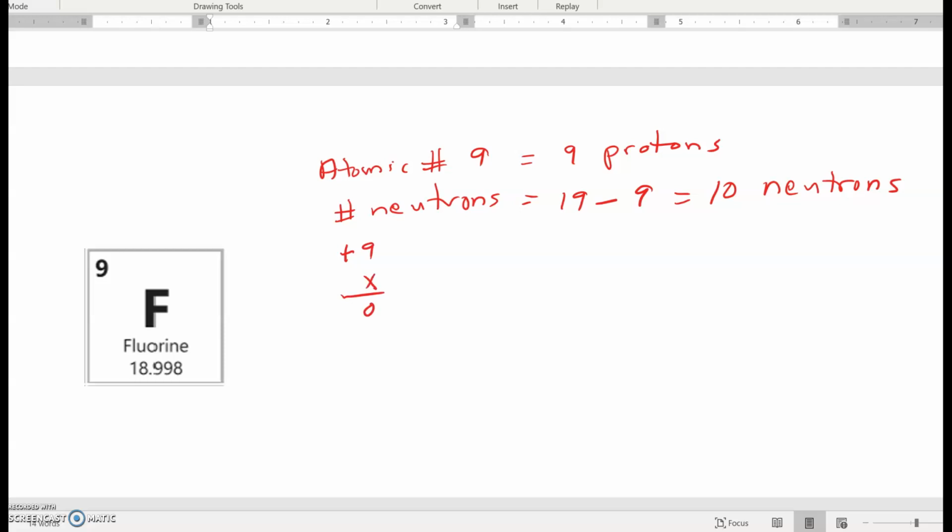It means that my number of electrons has to be 9. So 9 electrons to give me the minus 9 charge. Okay? So you need to be able to use the periodic table to determine the number of protons, the number of electrons, and the number of neutrons.